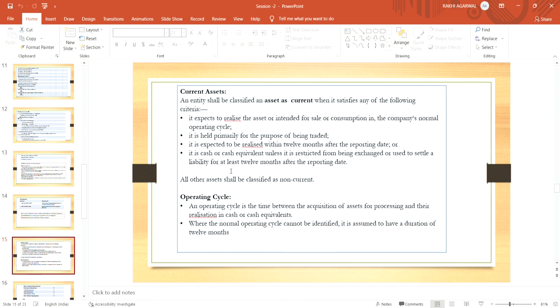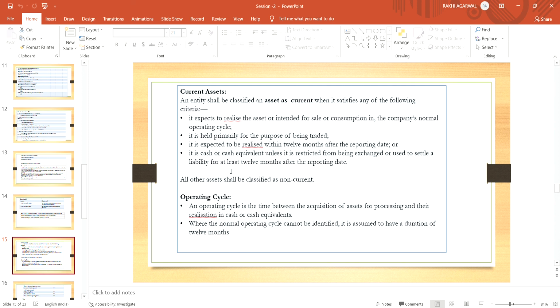Now comes how the financial statement is divided. That is current and non-current. And what is the definition of current asset? An entity shall classify an asset as current when it satisfies any of the following criteria.